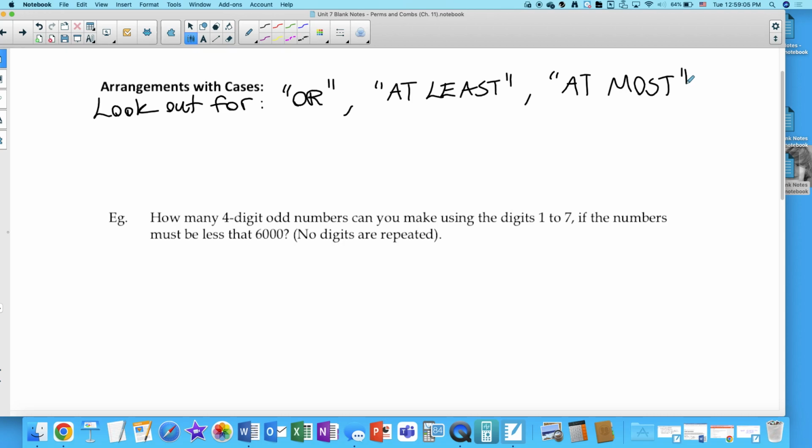When you identify that you're in a case situation, you want to clearly sort of label the cases, figure out the number of arrangements for each case, and add them together. Okay, so we're going to look out for this. Identify the various cases.